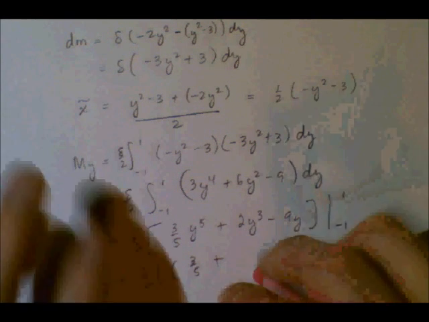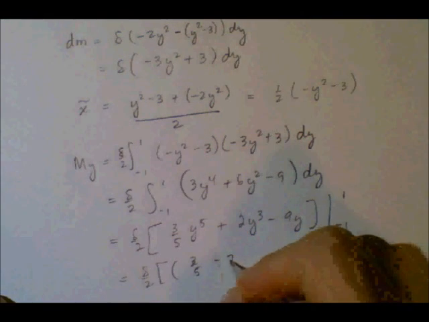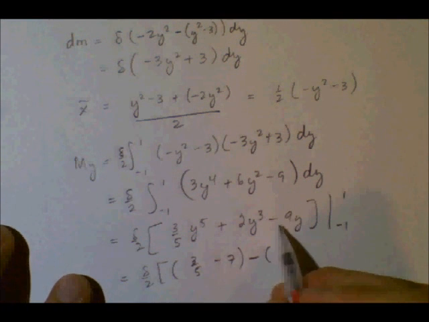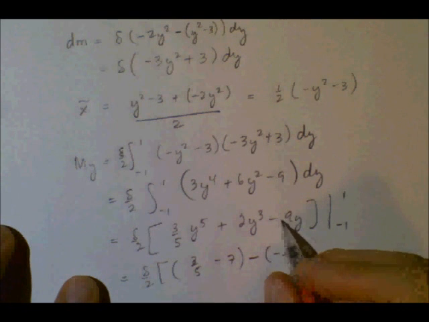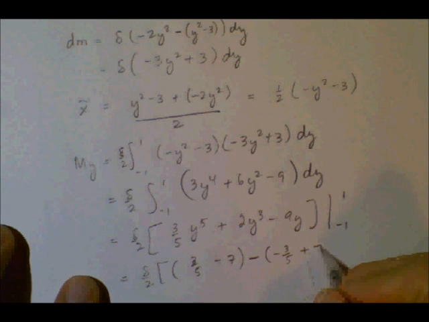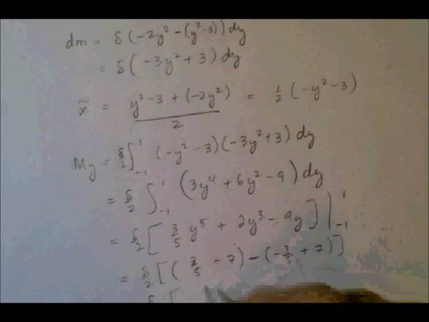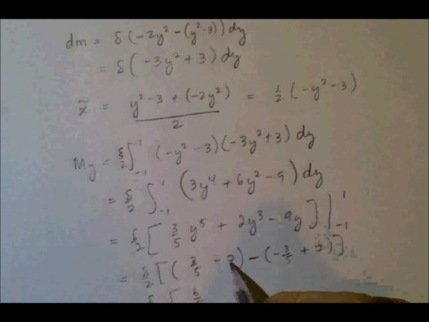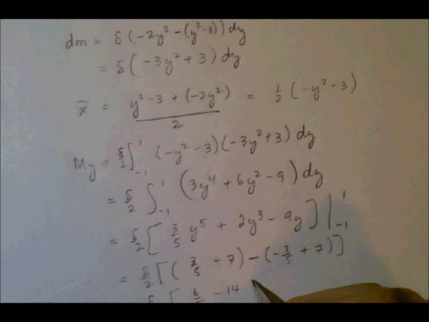Well, 2 minus 9 is -7, so 3/5 minus 7. And then evaluate what you get when you plug in -1. That's -3/5, and it looks like that's going to be plus 7. So we have 3/5 plus 3/5, which is 6/5. And then I have 7 minus 7, which is minus 14.